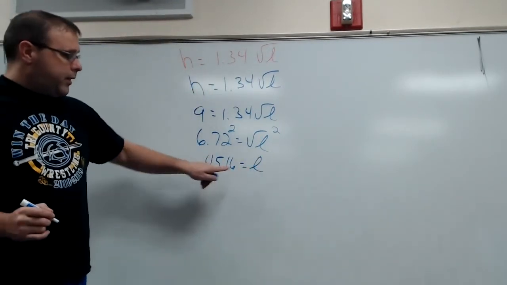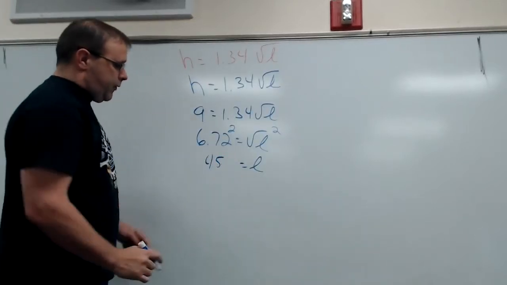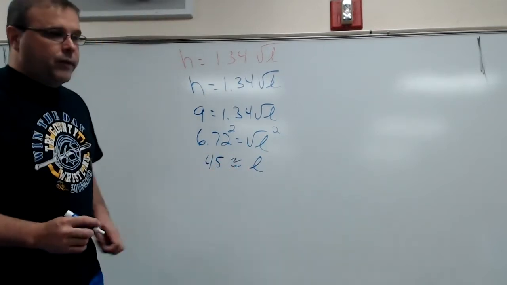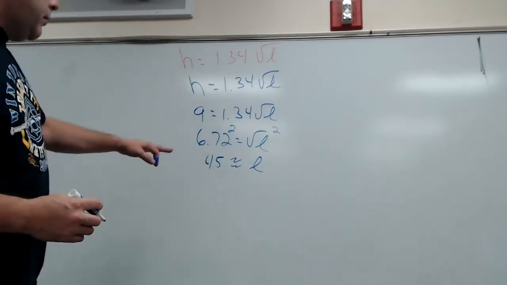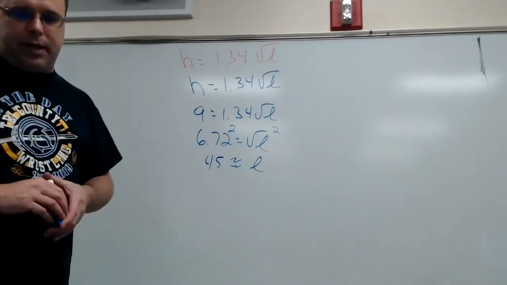So the ship itself is 45.16. They say round to the nearest foot, so we knock that off, and we say the length of the hull is approximately 45 feet. So the length of their boat is approximately 45 feet. Sounds like a pretty big sailboat to me.